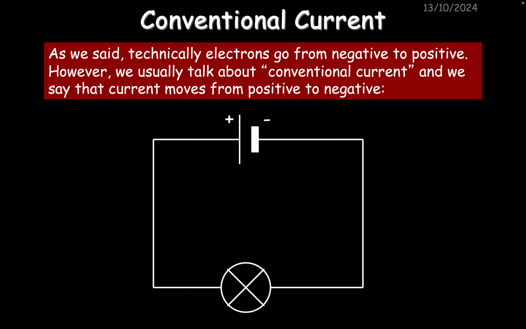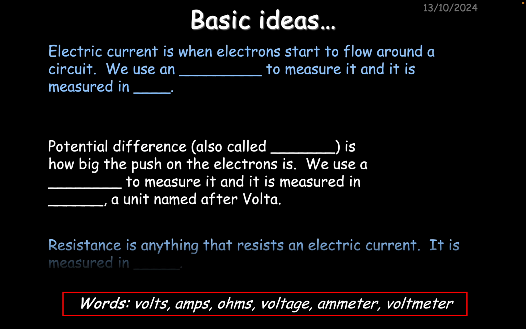And when you're drawing a circuit diagram, you always have to draw the current as going from positive to negative, even though internally inside metal wires it's 99% of the time electrons which are transferring the charge. Okay, so you need to know the definition of conventional current. Basic ideas so far covered.